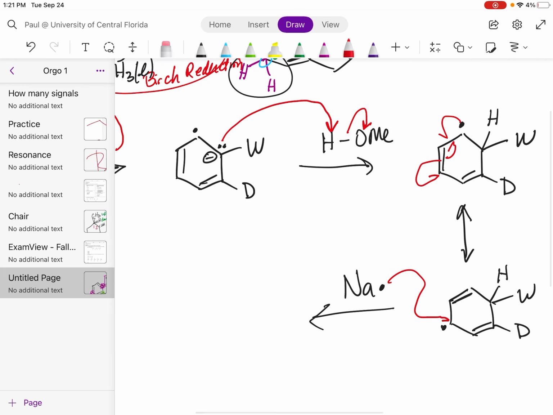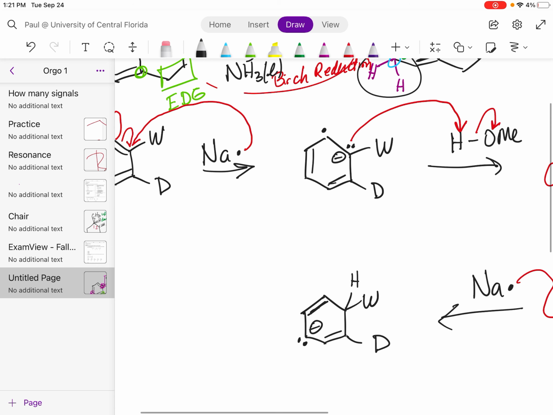And when it donates that electron right there, we are going to get our anion. So we're going to have the lone pair. That's going to be negatively charged. We still have the pi bond right there. And now we can use that to abstract the proton off of methanol.